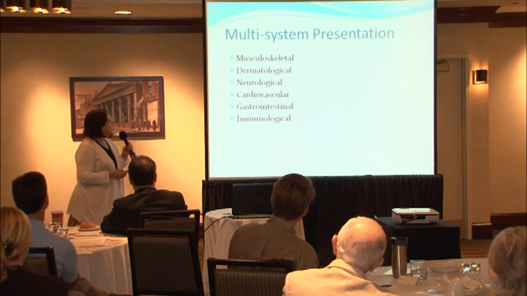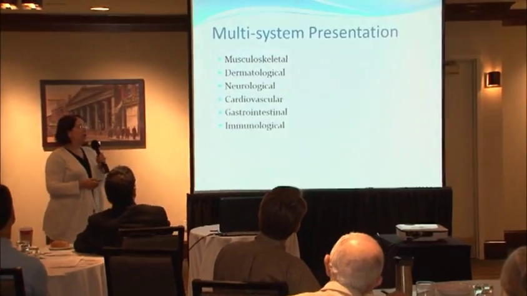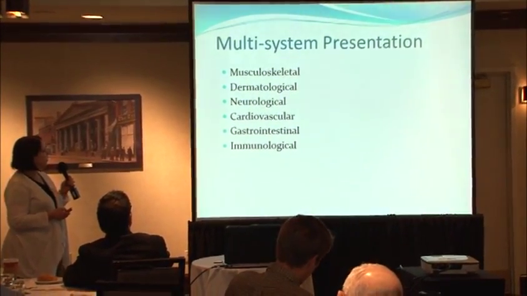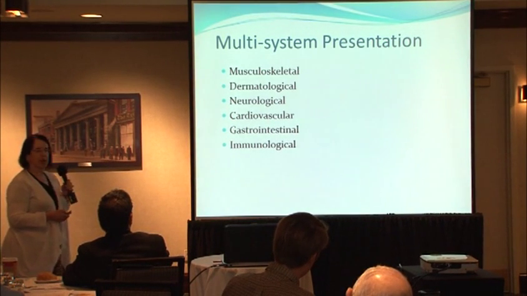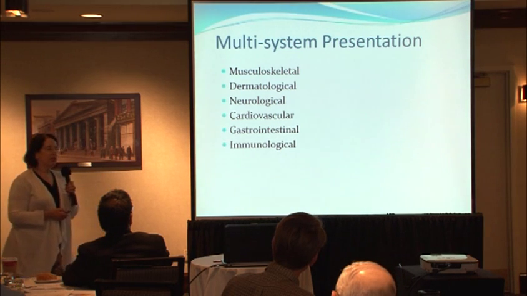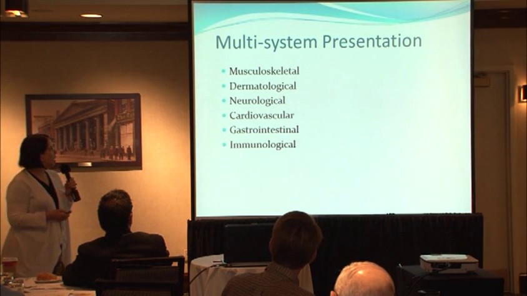So this is a really, truly multi-system presentation. And affected persons have both musculoskeletal, dermatological, neurological, cardiovascular, gastrointestinal, and immunological manifestations that can, as Barbara was saying, profoundly influence their quality of life.